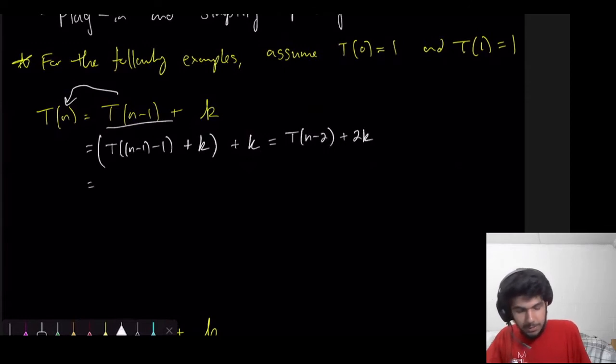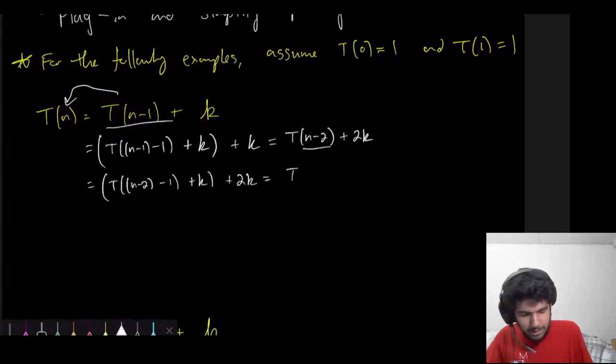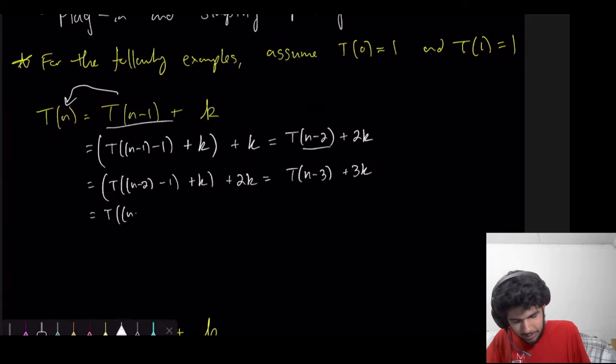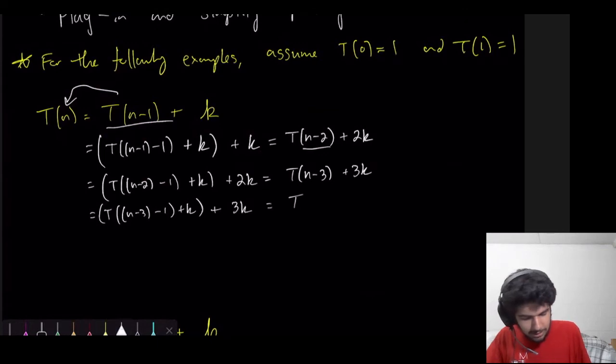Then we'll do the same thing, plug in this n-2, and we get T(n-2-1) plus k, and then add the 2k from before. This simplifies to T(n-3) plus 3k. And you can do it again, and you'll see that this is T(n-3-1) plus k plus 3k, which equals T(n-4) plus 4k.